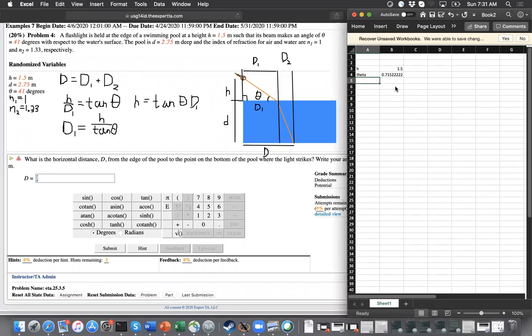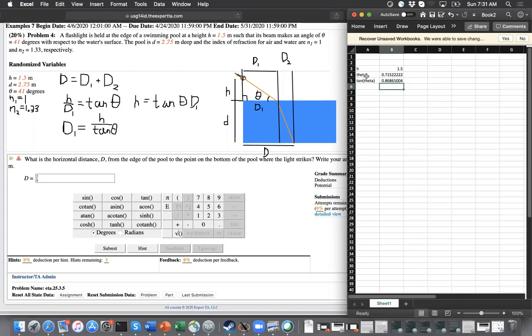Just to verify that, if we do equals tangent of this, notice we get a thing about 1, which makes sense for something right around 45 degrees. So this is tan theta.